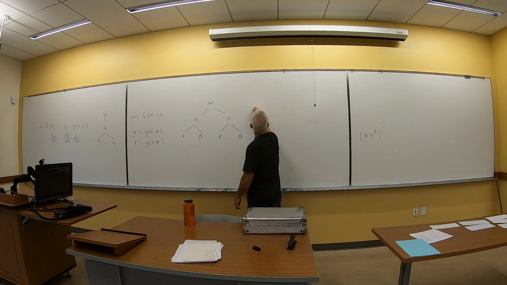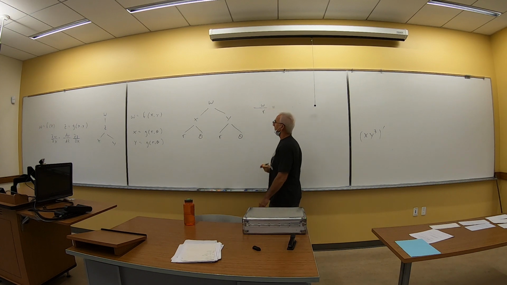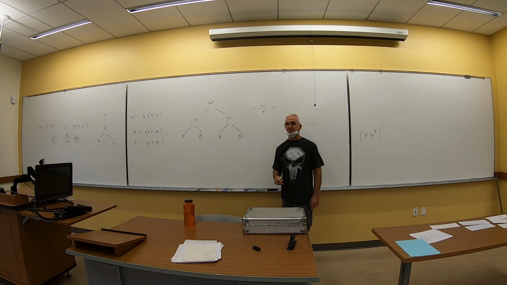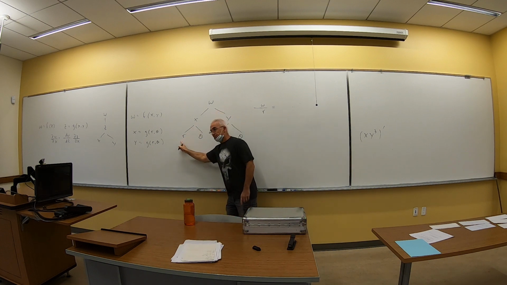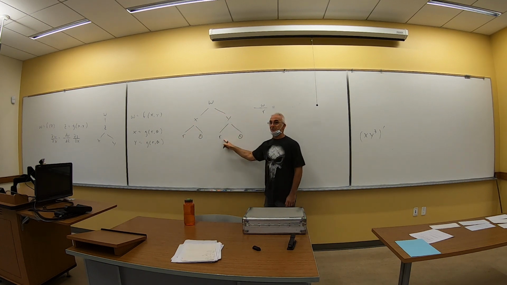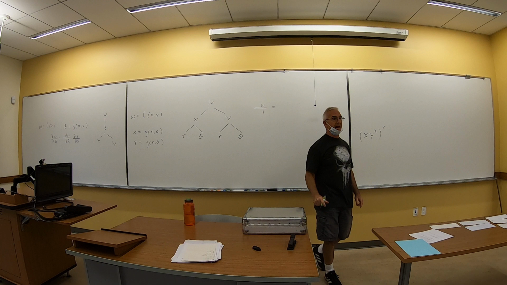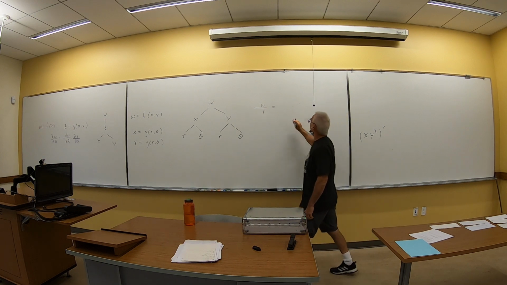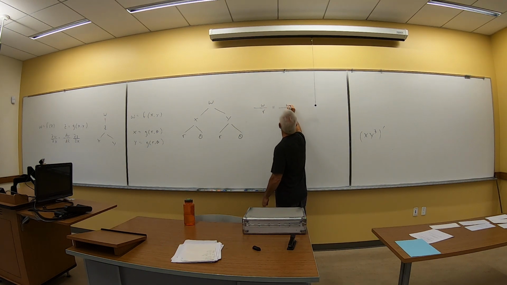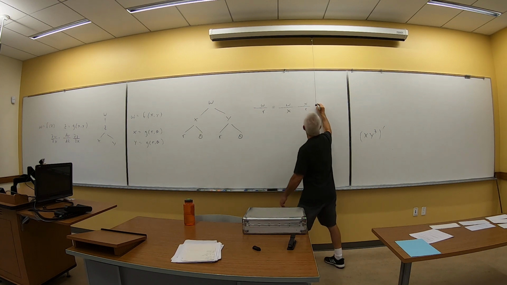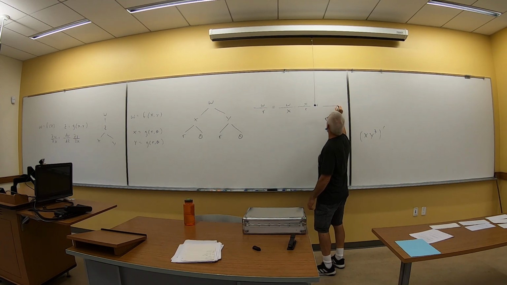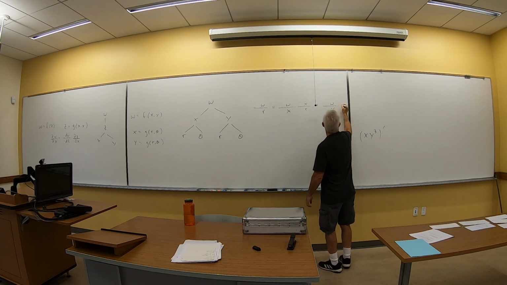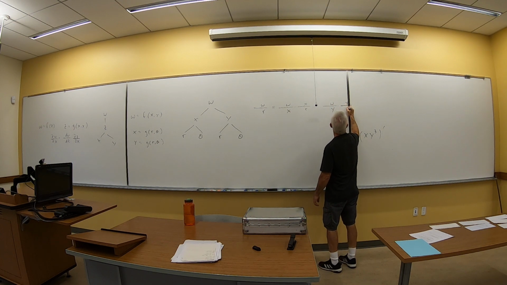I want to take the derivative of W with respect to R. But there's 2 different ways to get to R. I can get to R this way, I can get to R this way. So I'm going to do both of them and they get added. That means I'm going to differentiate W with respect to X and then X with respect to R. And to that I will add W with respect to Y and then Y with respect to R.